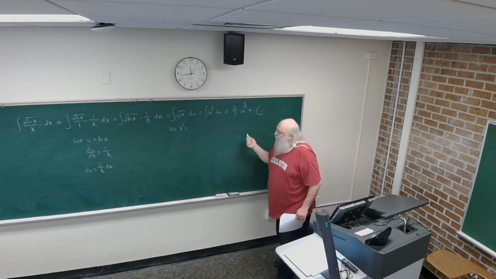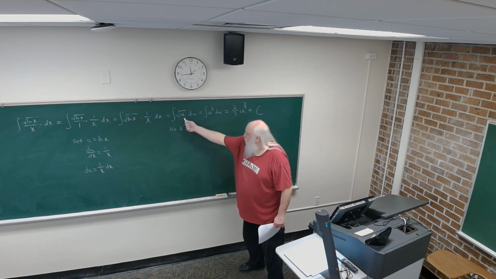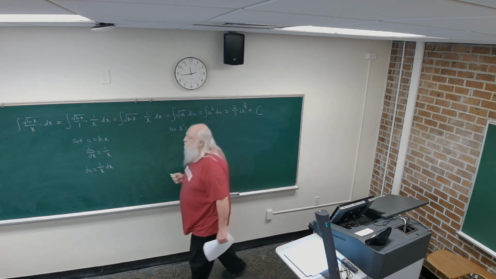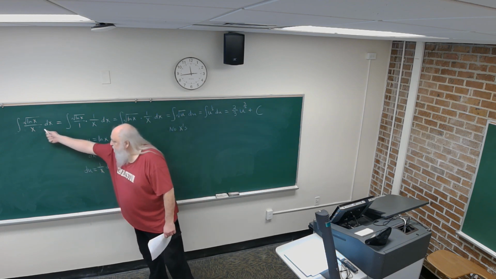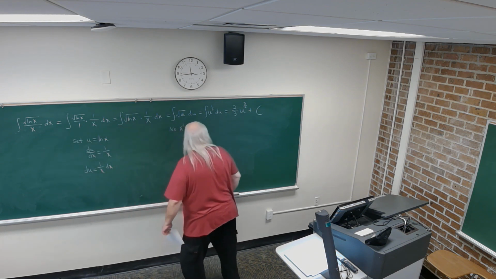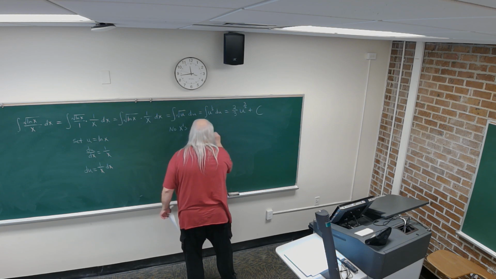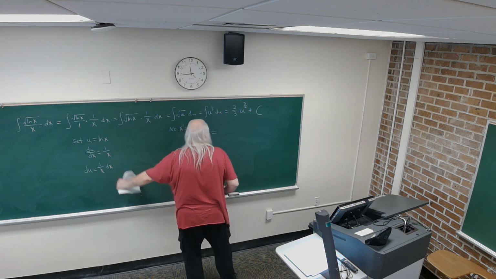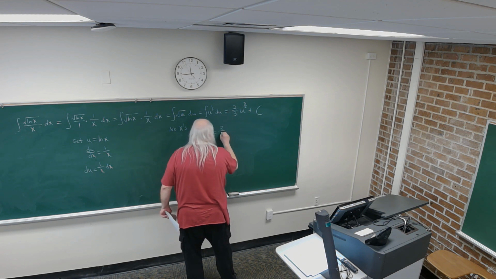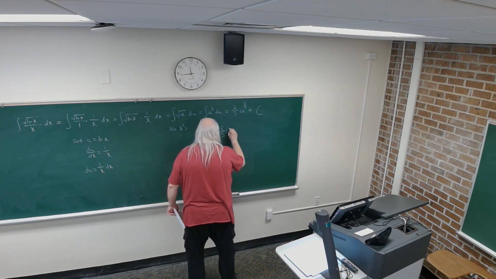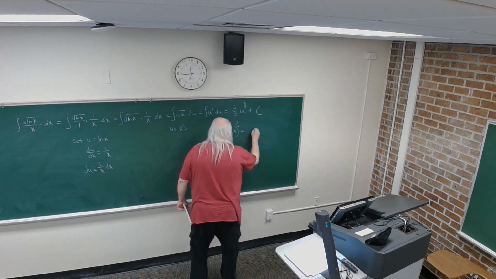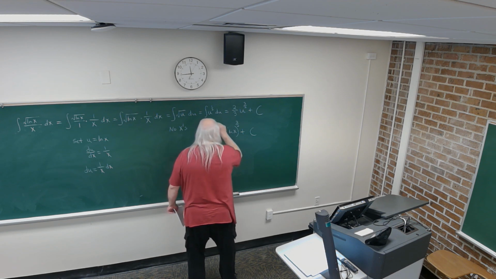So that's the antiderivative of square root of u with respect to u. But now we need our answer in terms of x, the original problem. And so when we do reverse substitution and put the natural log of x in for u, we have 2/3 times the natural log of x to the 3/2 power plus c.